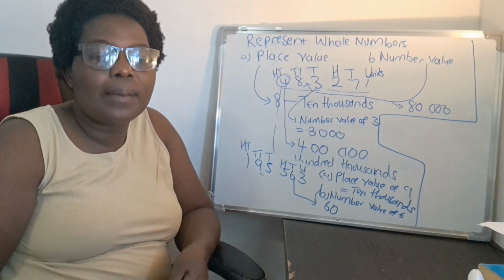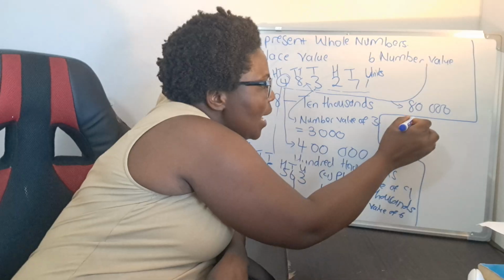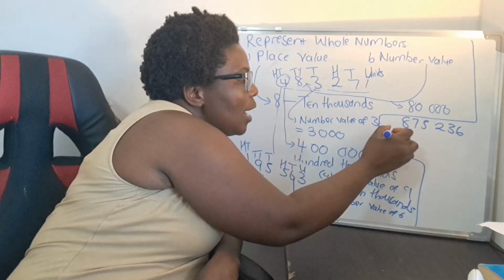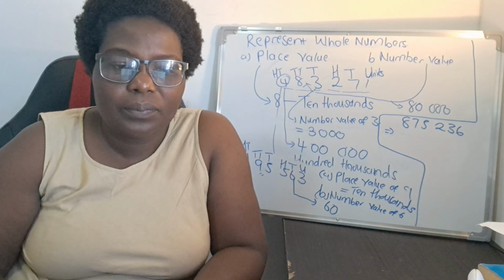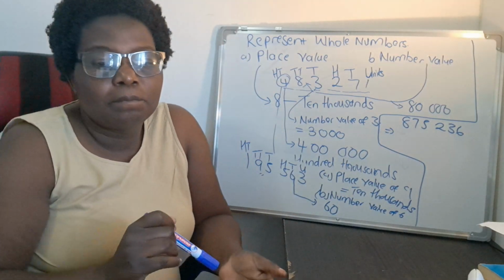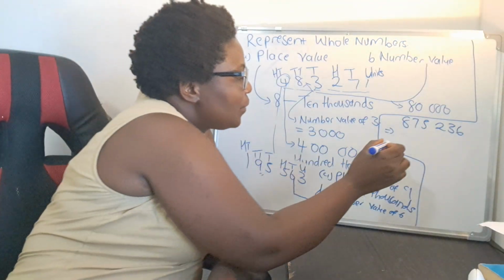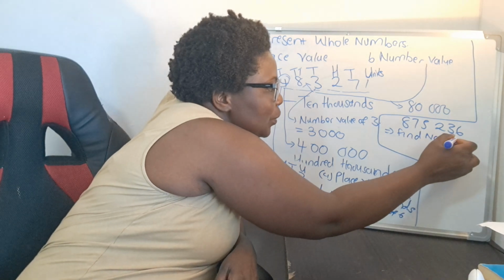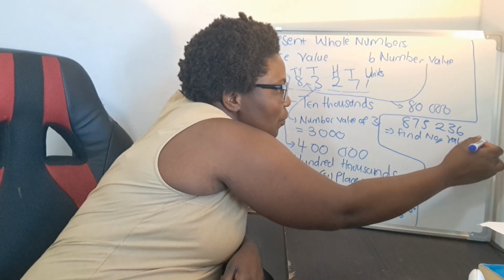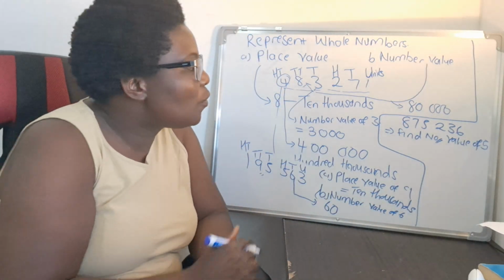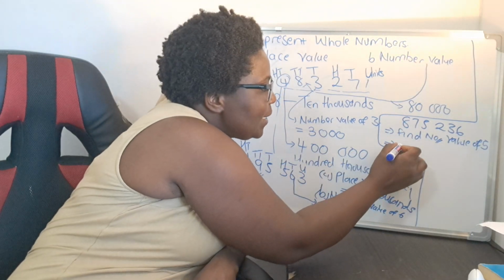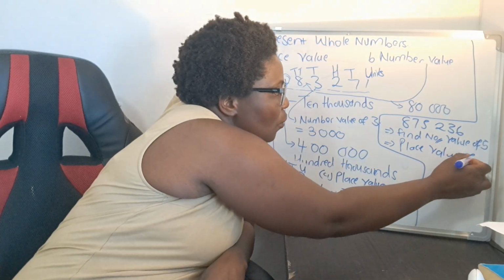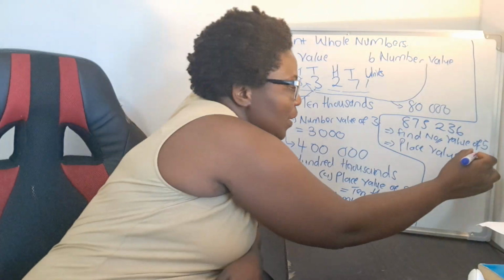Let me just give you one number, 875,236. On this number, I need you to determine the number value of 5, and of course, you need also to find the place value of 7.